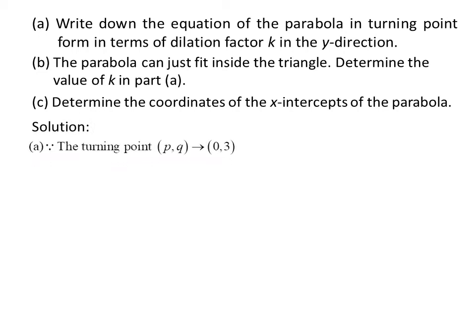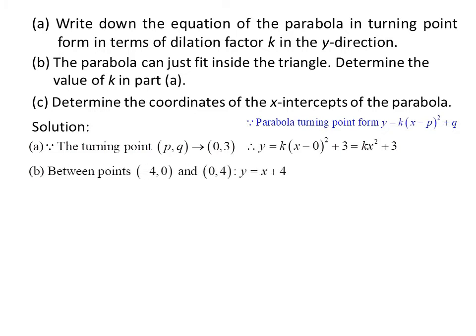Since the coordinates of the turning point of this parabola are given, the parabola equation can be directly expressed according to the turning point form of a parabola equation, as we recall from what we have learned before.